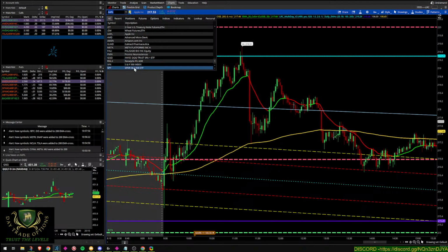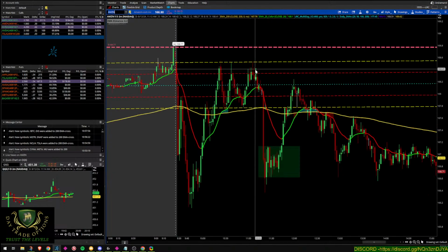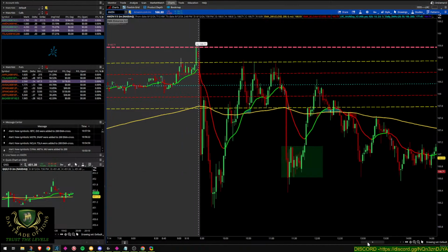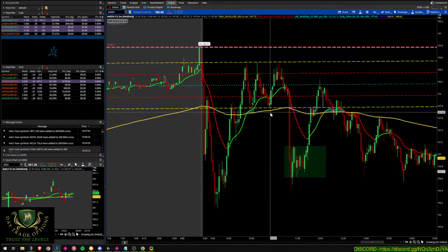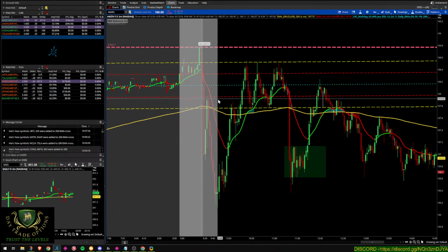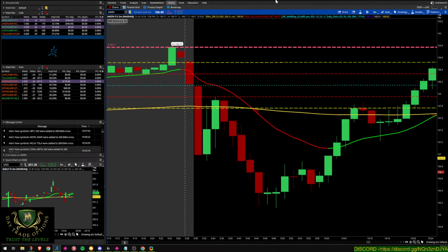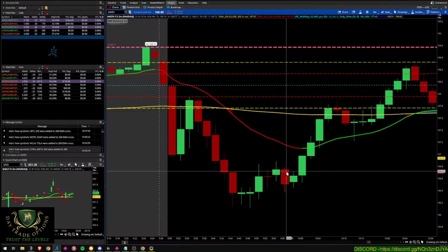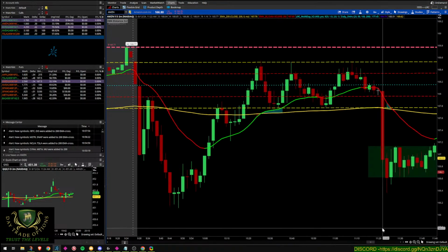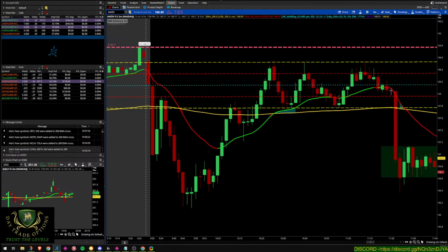Here's the interesting thing. The other part that makes this strategy really fantastic is you can change your bias, right? And that's exactly what I did. I forgot I actually got into this trade. I think I'm losing it lately.